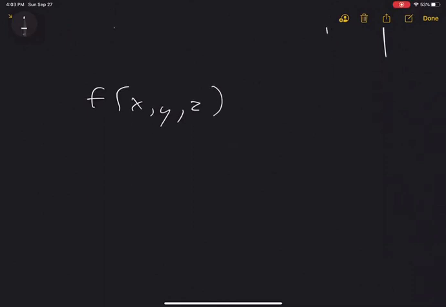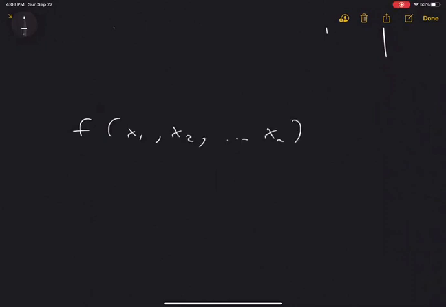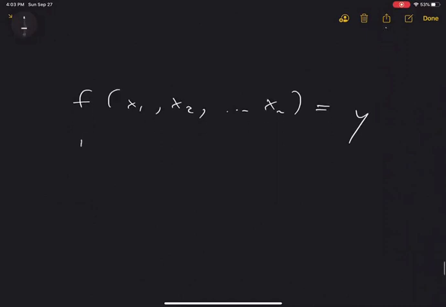So if I have f(x, y), and really, we don't have to talk about 3 dimensions, we could talk about n dimensions. Let's say I have a function f(x1, x2, ..., xn). There's a couple ways to think about this.